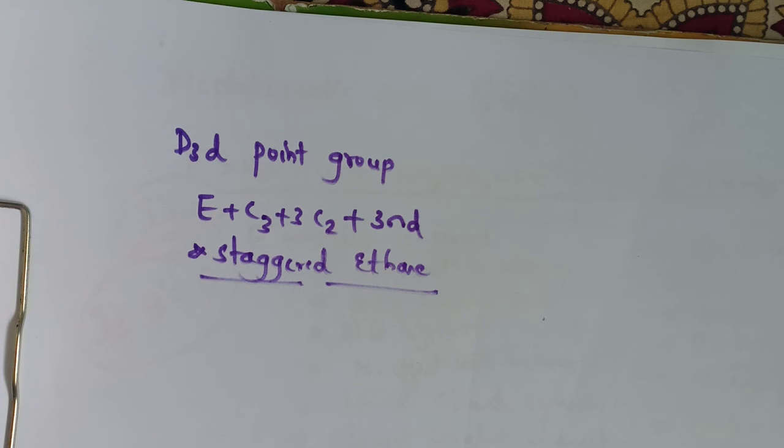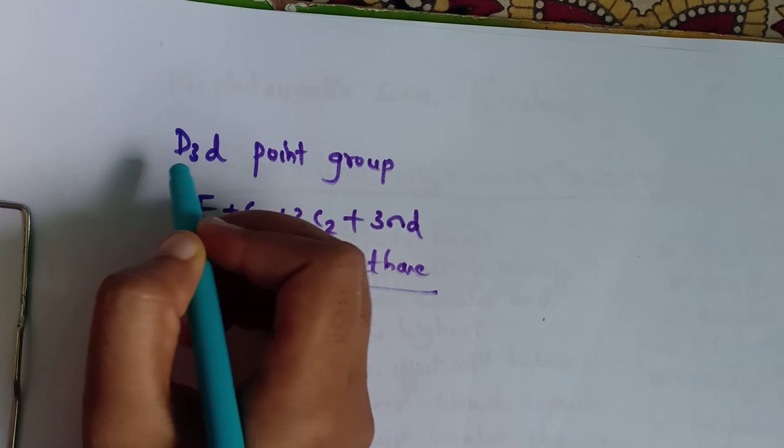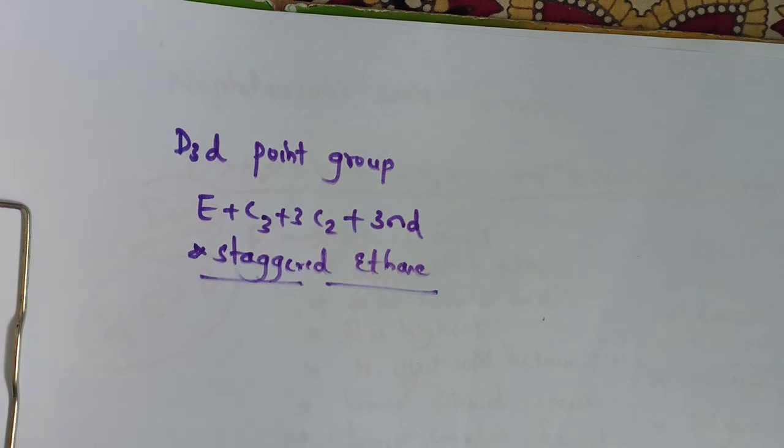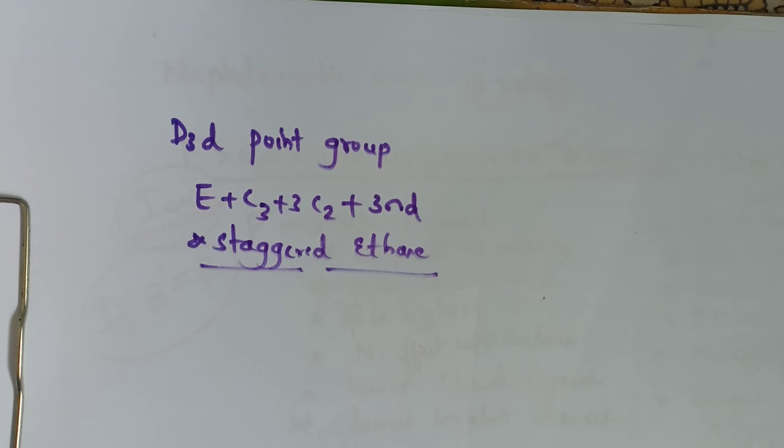So in the staggered ethane we will see the D3d point group. Please check the description and watch the video on plane of symmetry. I have explained the staggered ethane diagonal planes in that.